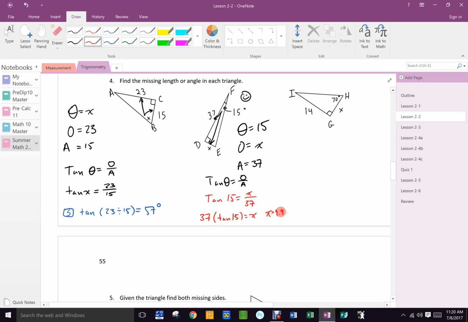Now, guys, there's a little bit of a rule here. Angles, we round, almost always. Sides, we go 1 decimal place.